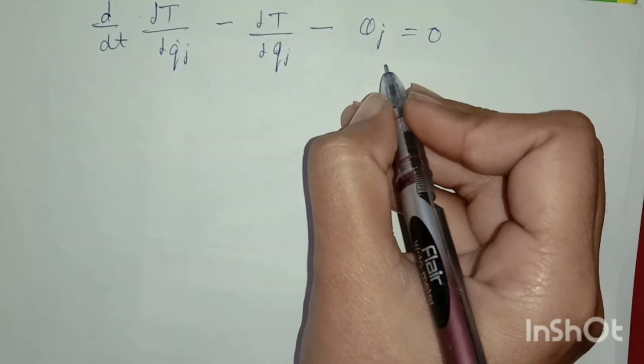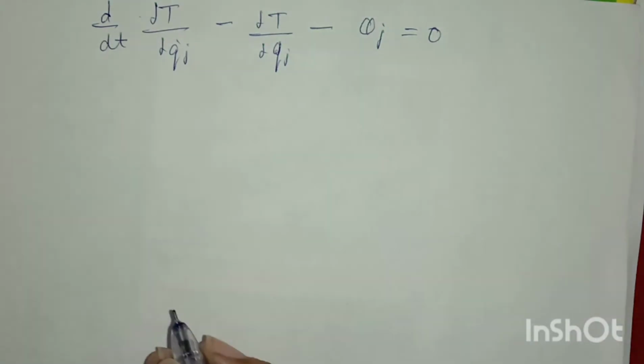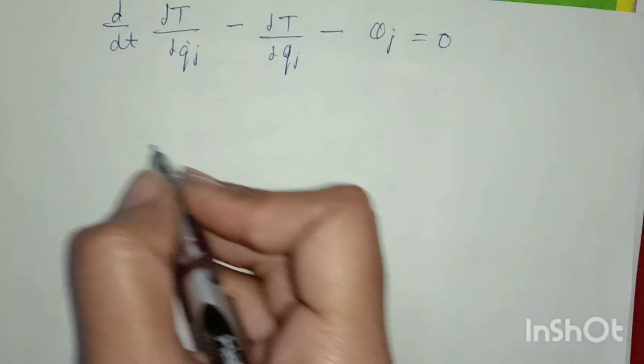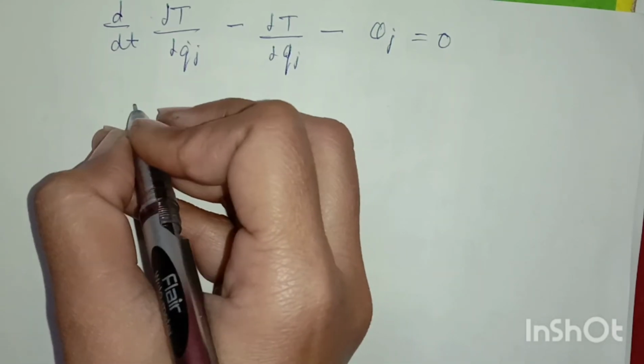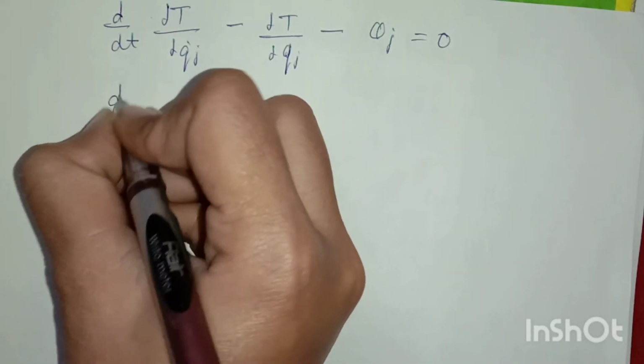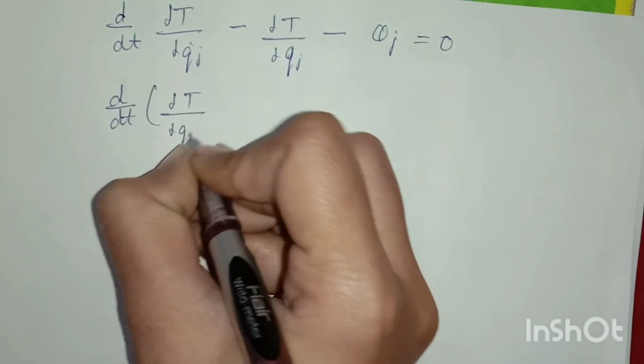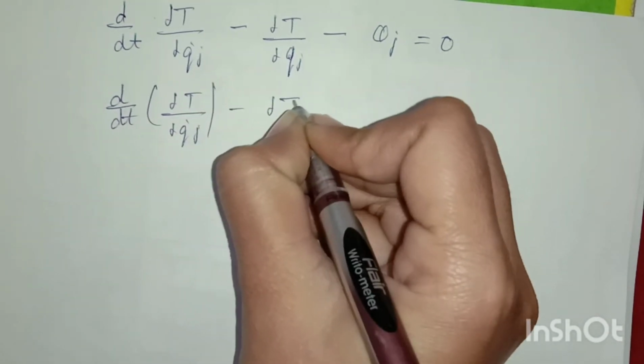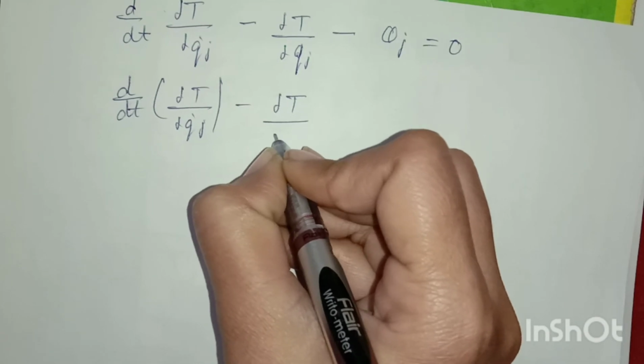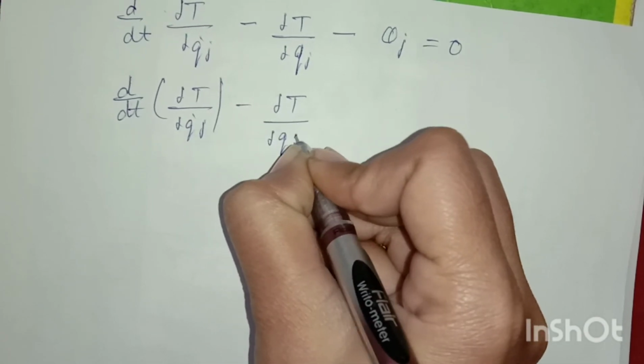Q_j is the generalized component of generalized force. So we can write d/dt ∂T/∂q̇_j minus ∂T/∂q_j.